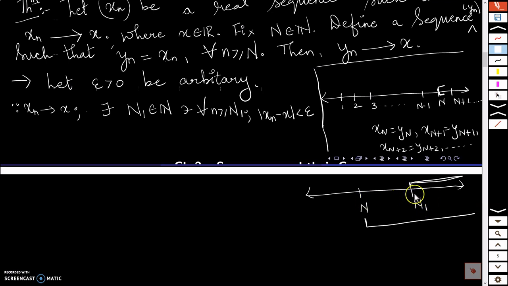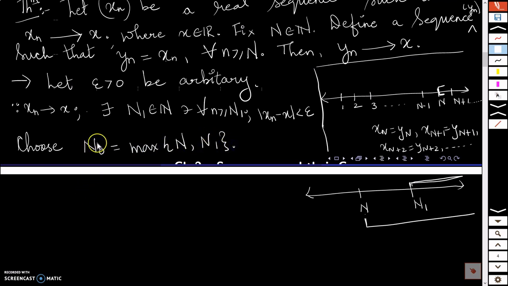I will pick up the maximum of both of the natural numbers N and n1, and for that maximum both the conditions will be true. So I will choose some notation, let's say n naught, to be the maximum of the capital N and the natural number n1 that we just obtained.